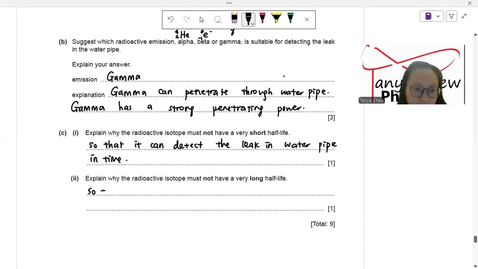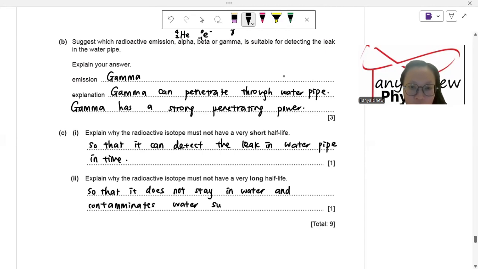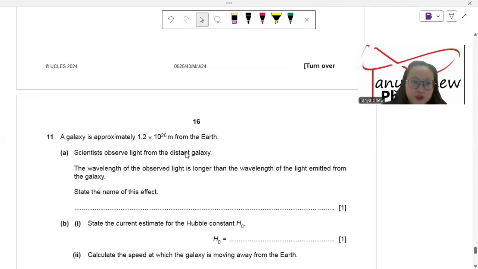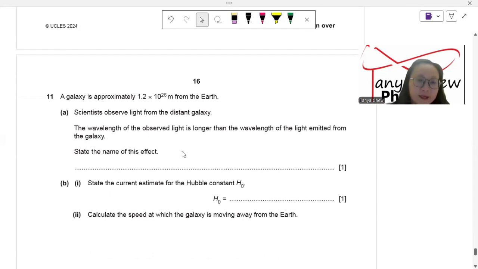So that it does not stay in the water and contaminate the water supply.